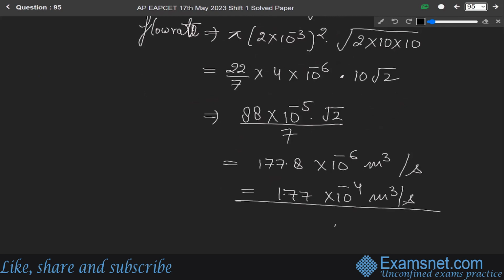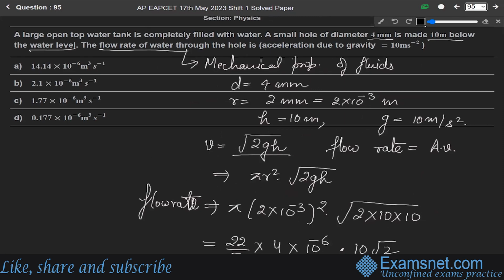So this is our final answer. Among these four options, option C, that is 1.677 into 10 to the power minus 6 meter cube per second, is the correct answer.